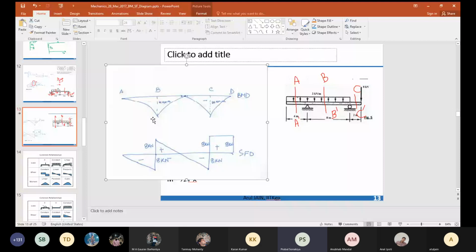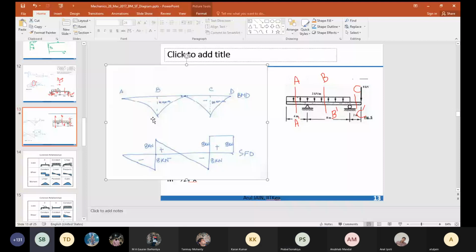I was saying that if you find drawing the BMD difficult, why don't you draw the SFD using the method that we have discussed and, section by section, integrate to get the value of the BMD? Okay, sir.